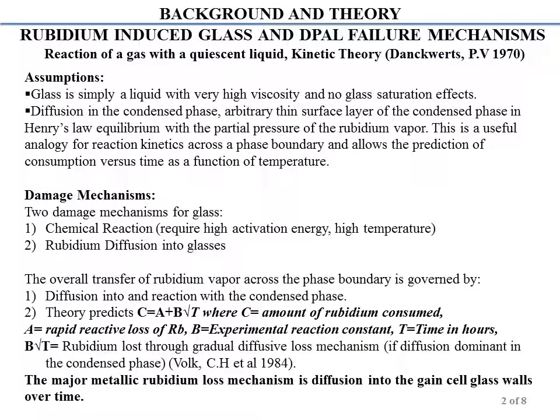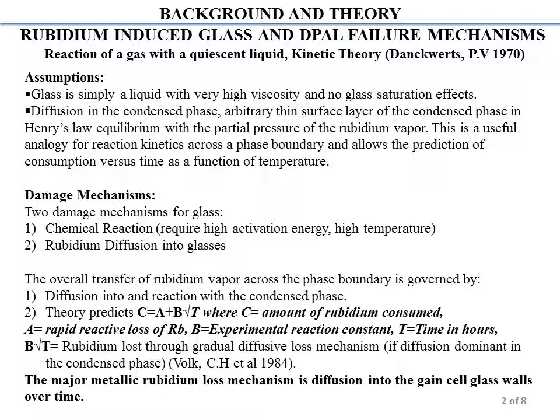The next slide, we continue with the rubidium-induced glass and DPAL failure mechanisms. Thinking of the reaction of a gas with a quiescent liquid, according to the kinetic theory from Don Wickert's, the assumption is that glass is simply a liquid with high viscosity, no glass saturation effects.